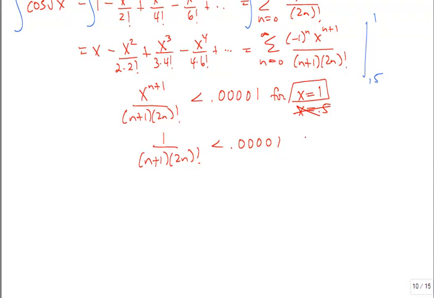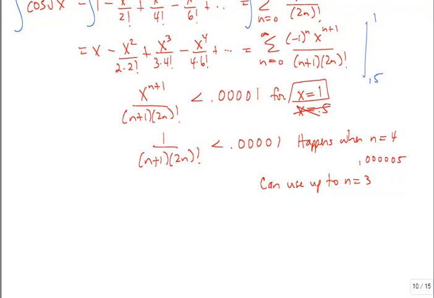And it happens when n equals 4. This is equal to 0.000005, which is smaller than that error. So since n equals 4 is what makes this true, that means we can use up to n equals 3 for our polynomial.